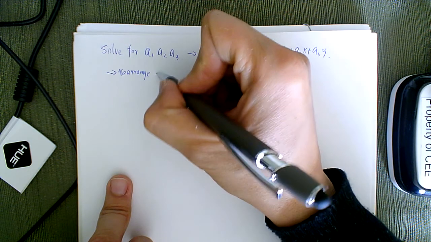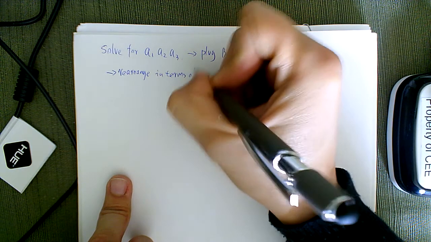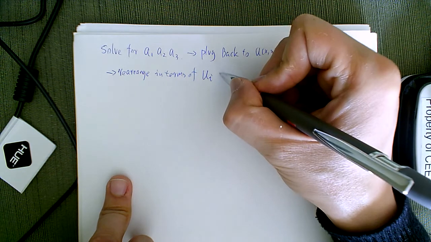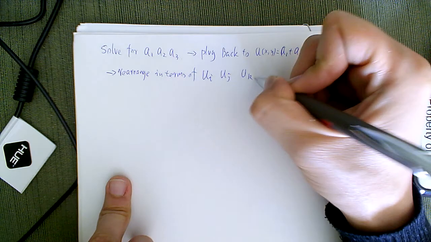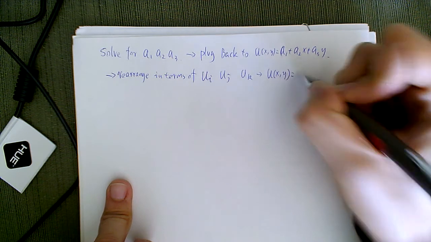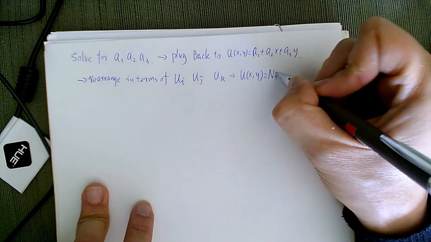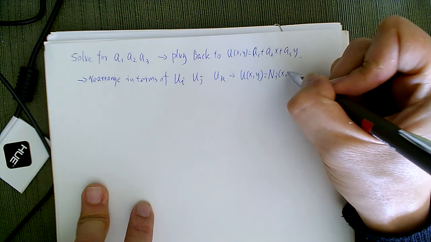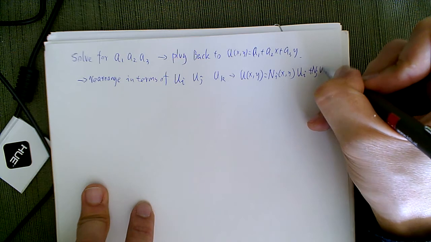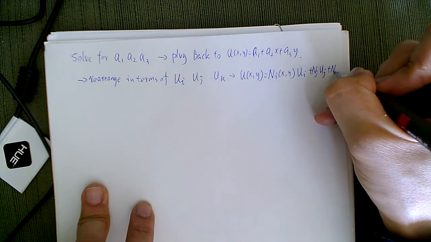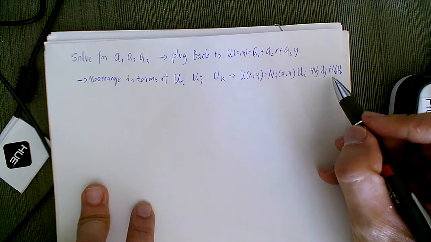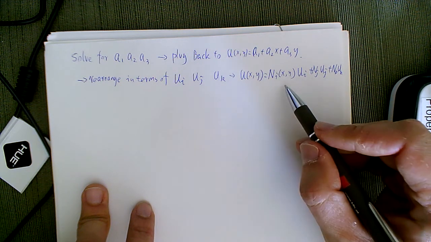Rearrange, basically whenever a term contains ui, uj, or uk, we're going to group them together, and then rewrite it in a way that is u(x, y) equals Ni, which is a function of x and y, times ui, plus Nj uj plus Nk uk, and Nj and Nk are also all functions of x and y.